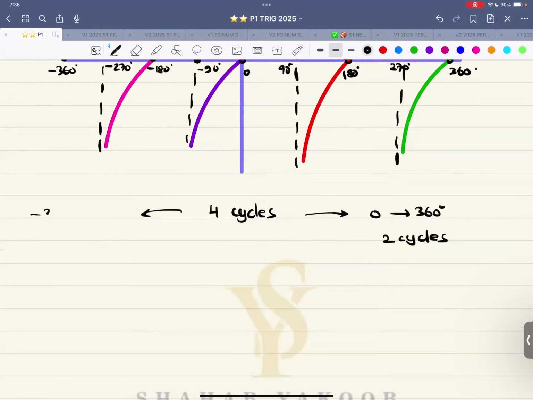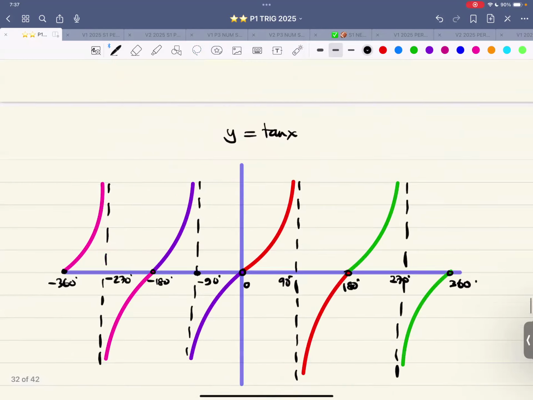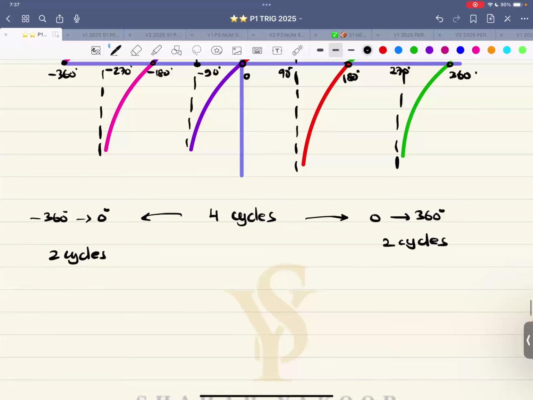And negative 360 to 360, negative 360 to 0, there are 2 cycles. Got the idea? So there are 4 cycles over here. So now all the extended cycle that is done and dusted.